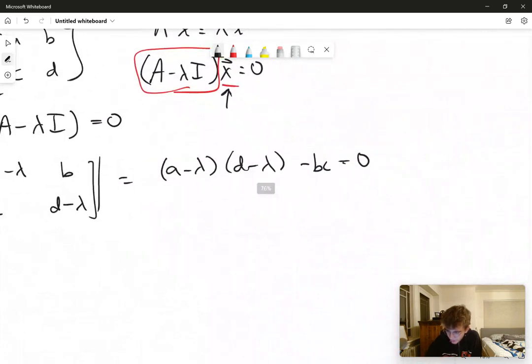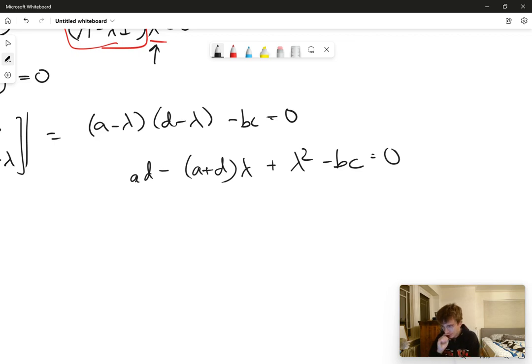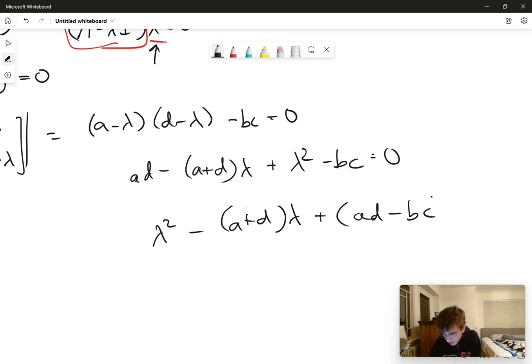Now, sorry about that. So we have ad minus (a plus d) lambda plus lambda squared minus bc is equal to 0. Okay. And so now we can see that we're going to have a characteristic equation that looks like this for lambda.